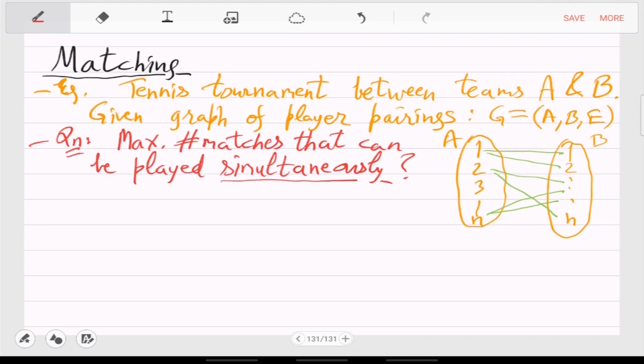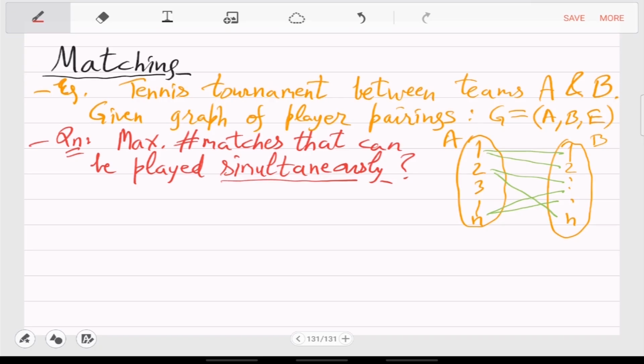So how do you solve this problem? You are given an explicit graph. How do you find the number of maximum simultaneous matches? They correspond to what edges? Green edges. Well, clearly, player 1 can only play simultaneously with one person, right? So you are looking for edges that are disjoint in terms of endpoints, right?